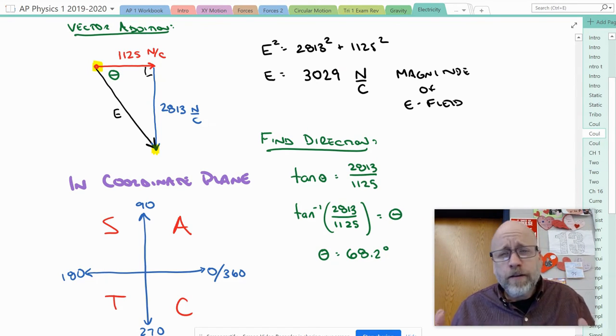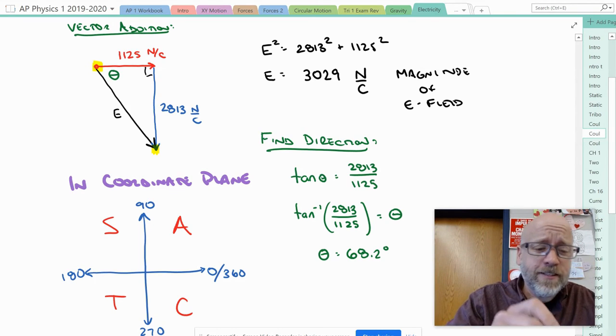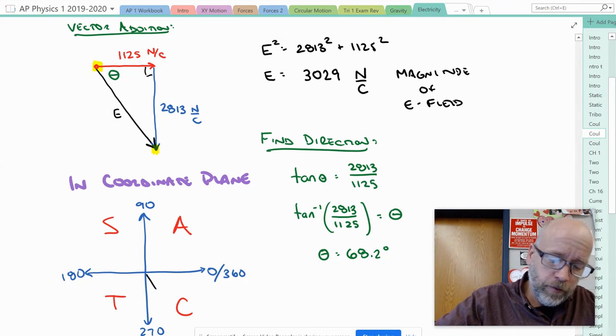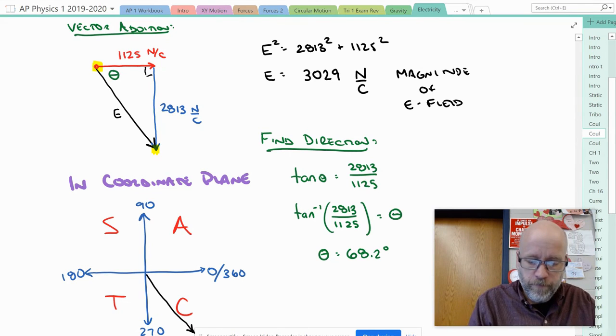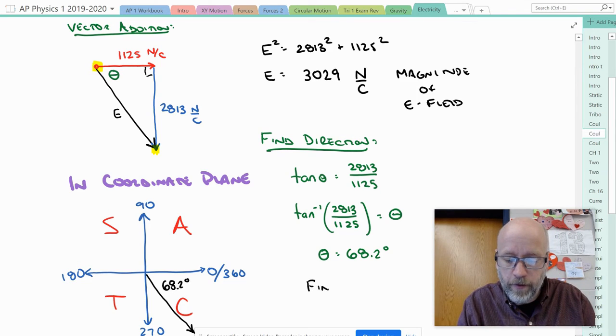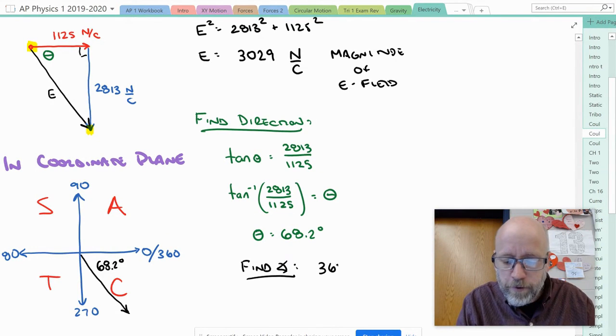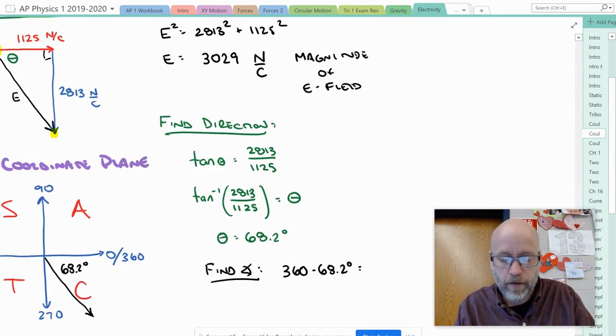Now, that doesn't have anything to do with what we're doing here. 68.2 degrees, let's take a look at it. If 68.2 is down in this direction, to put it into the coordinate plane, I need to find, I'll just call it angle. Yeah, you're right. Nice call. 360 minus 68.2 degrees.